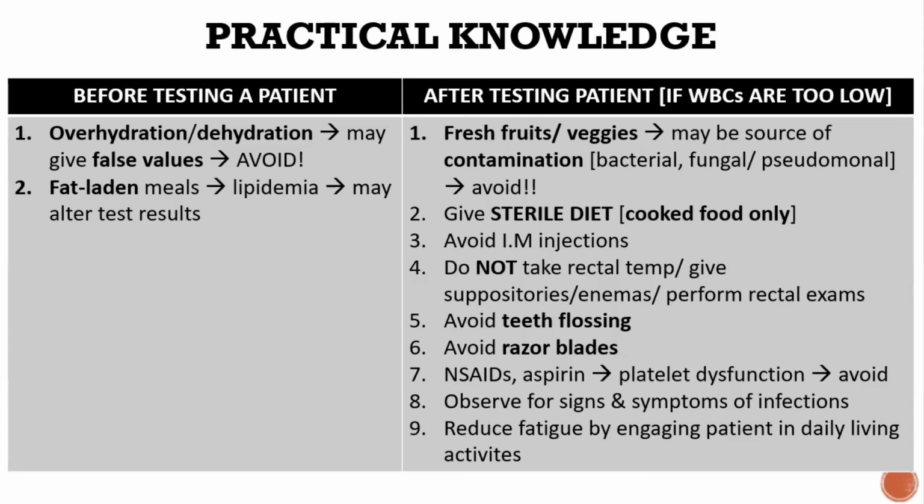In that condition, the blood tends to be very viscous, as a result of which the WBC count will increase. And if the patient is overhydrated, fluid overloaded, the blood tends to be very dilute, which can give false negative WBC values, or show a false reduction in WBC. So over or dehydration should be avoided.